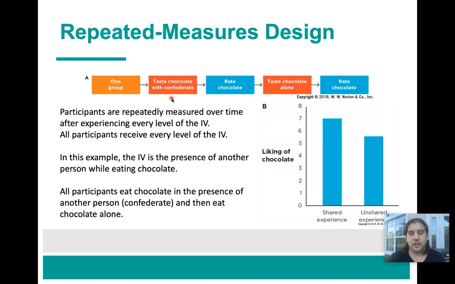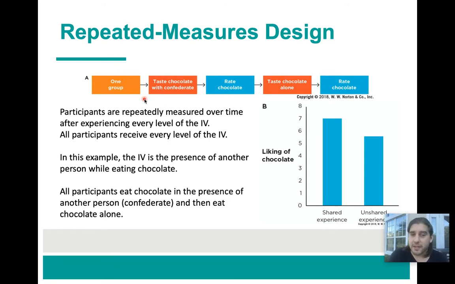What they're testing here is basically, do you enjoy your piece of chocolate more or less when you're with someone else versus being alone? The hypothesis here is a social psychology hypothesis about does interacting with other people increase enjoyment of activities, or does being alone increase enjoyment of activities?